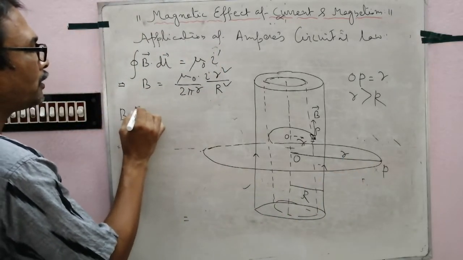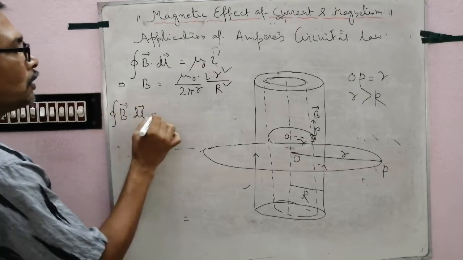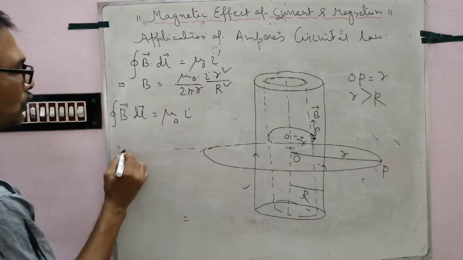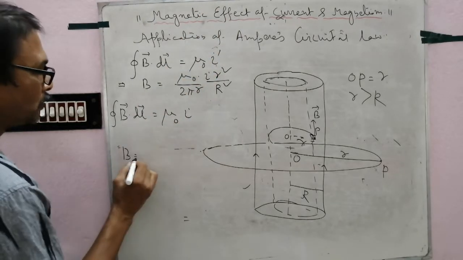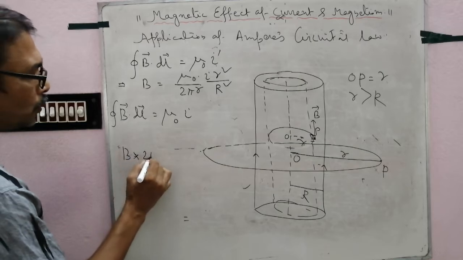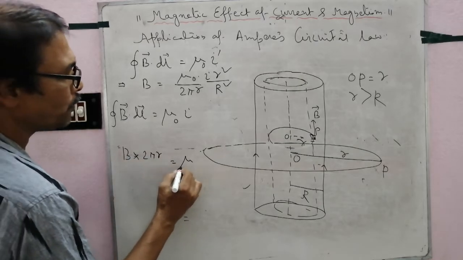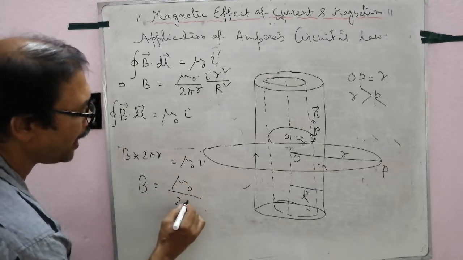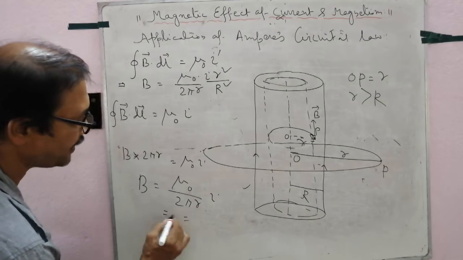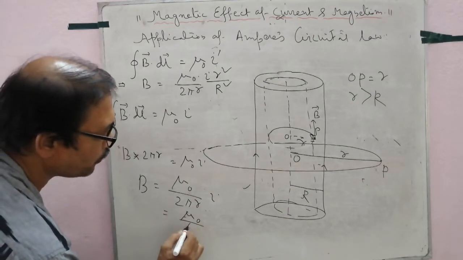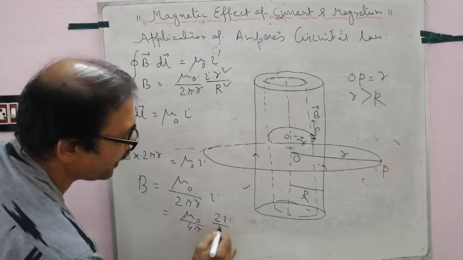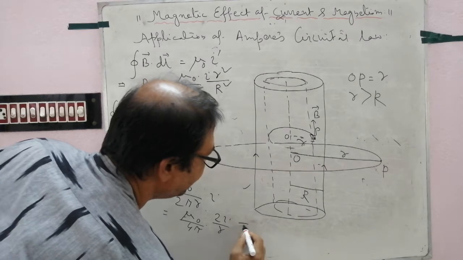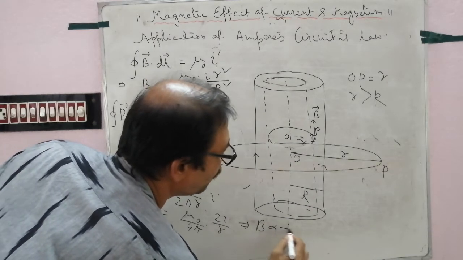The integral of B dot dl equals mu naught I, of course the total current inside the loop, I. So B into 2 pi r equals mu naught I. Similar to the case of a long wire, B equals mu naught by 2 pi r into I, that is mu naught by 4 pi into 2I by r. Follow? Or that is, B is proportional to 1 by r.